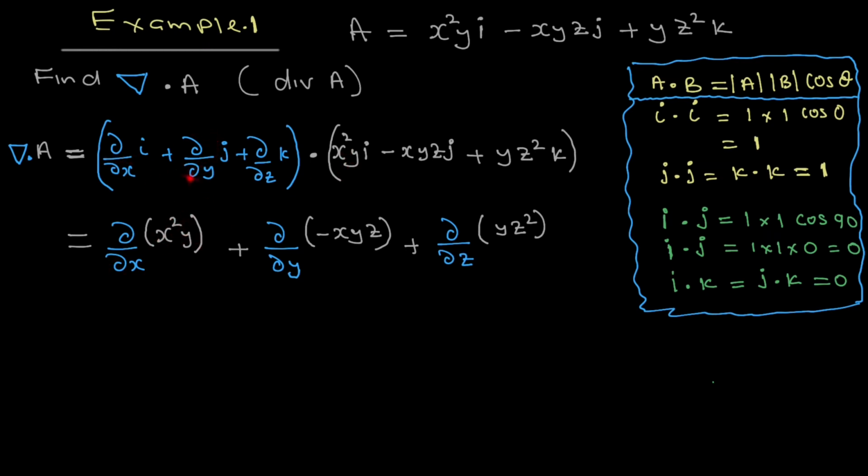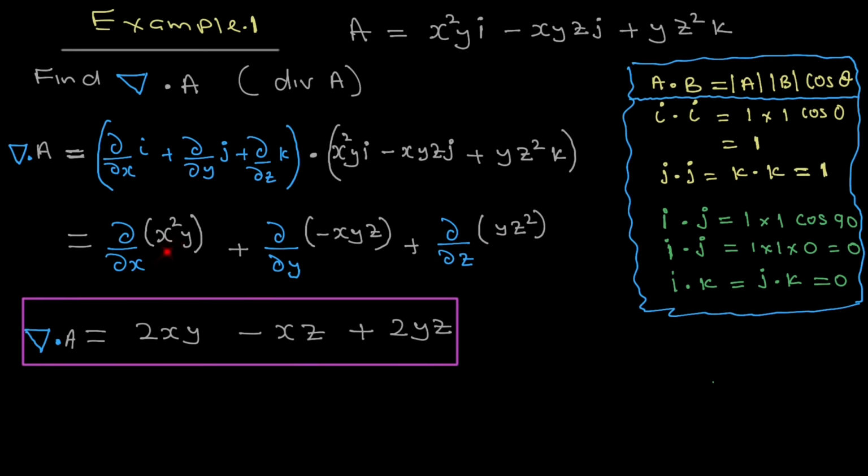And we multiply the partial derivative with respect to y by the minus xyz, that is j times j, so we get that. And we multiply the partial derivative with respect to z, which is k, by k, so that will be by yz squared.